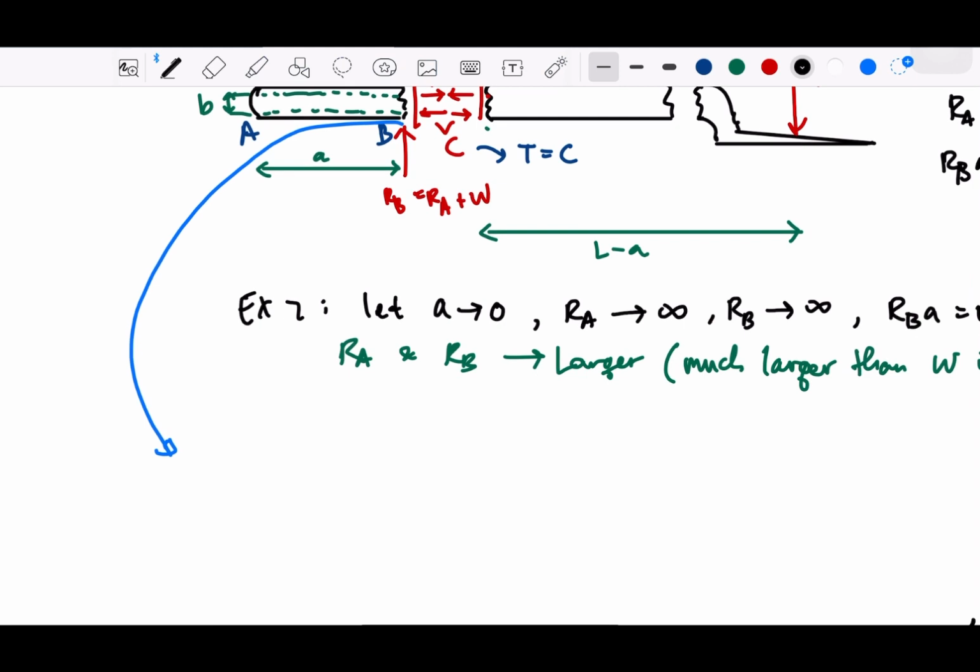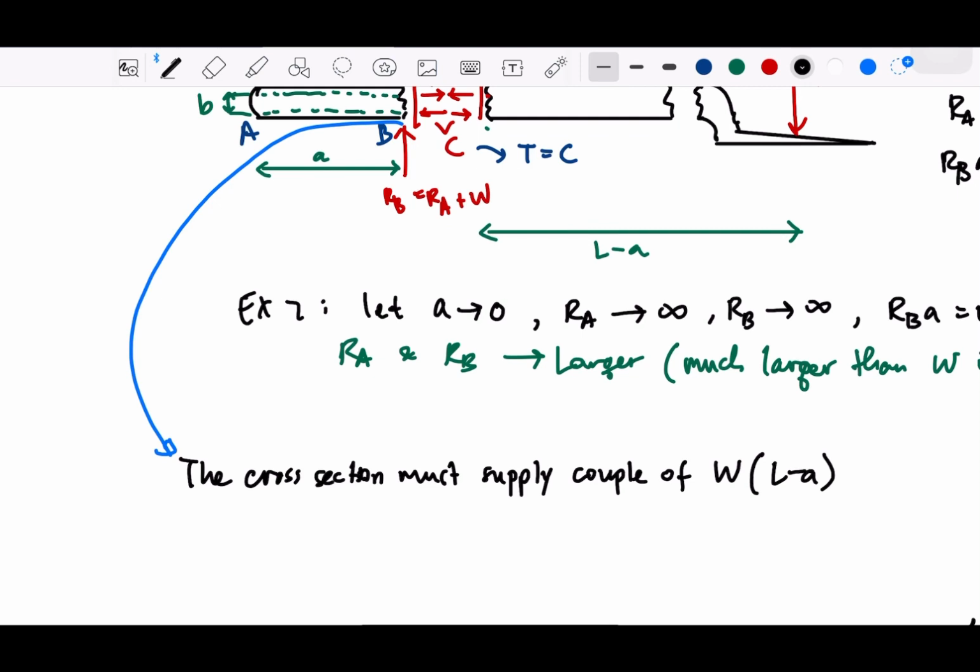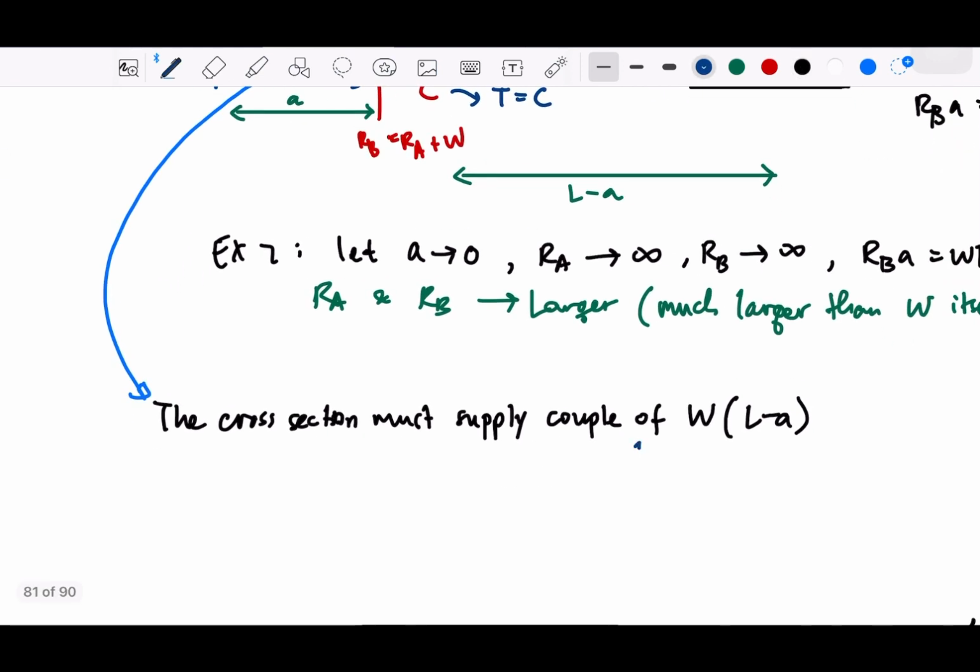So to support the cross section, it must supply a couple of the magnitude of the bending, WL minus A. This is what we call the bending moment.